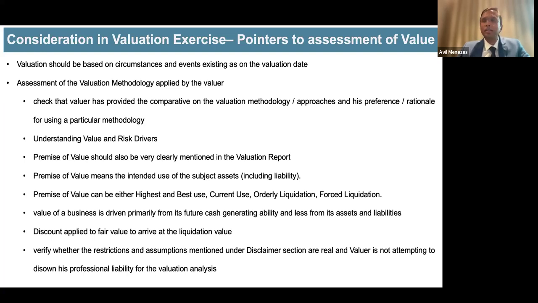We put the asset at a value of 72 crores and we fetched 121 crores in the first auction. So whether the 65 and 48 were wrong or the 72 was wrong, it will always depend on the perception. Valuation is always dependent on circumstances and events.